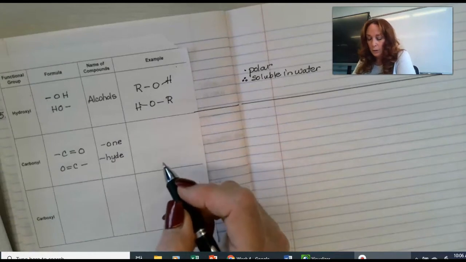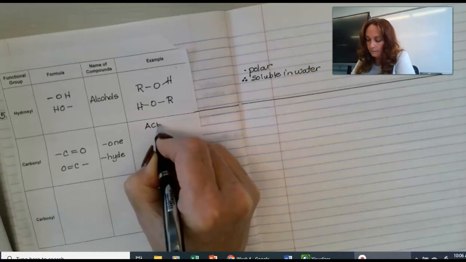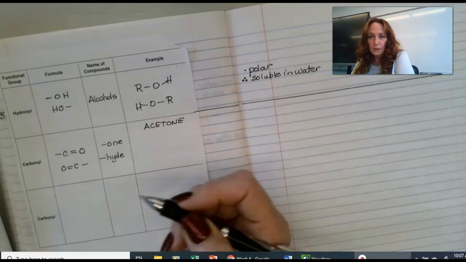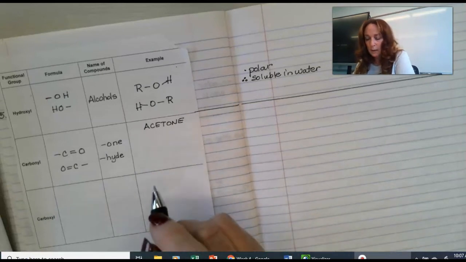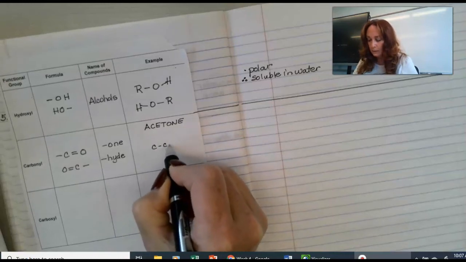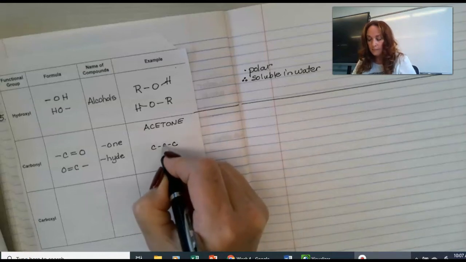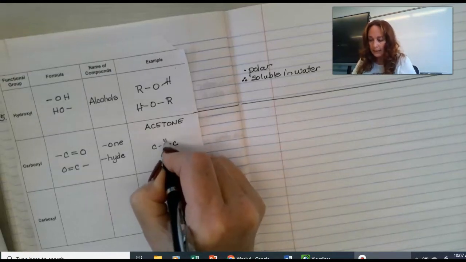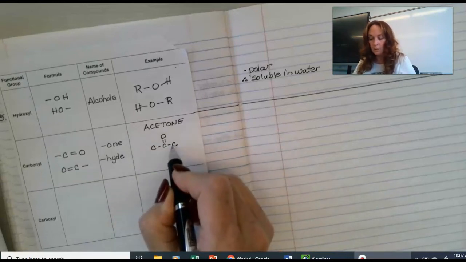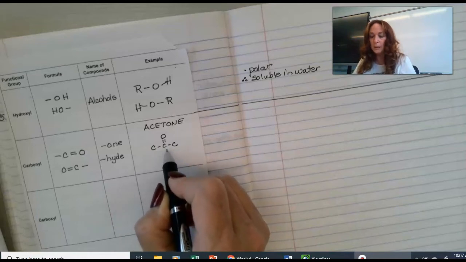So let's do acetone first. So I'm going to draw acetone. If you've ever had your nails done, you know what acetone is, right? So the way acetone is, it has 3 central carbons. This middle carbon has the carbonyl group. The rest of the molecule is just a hydrocarbon, which means it's made up of carbons and hydrogens.